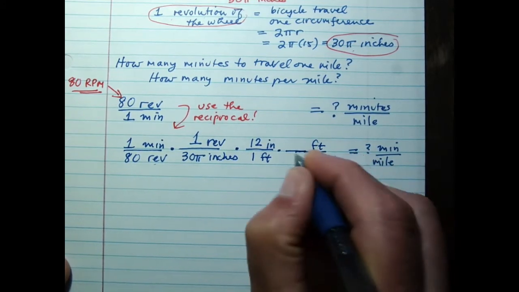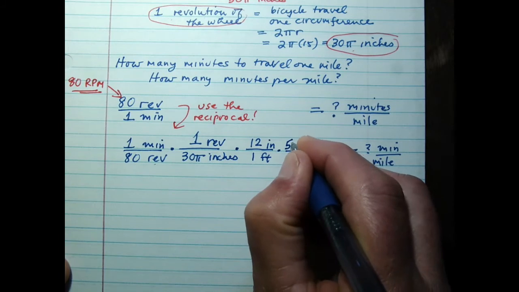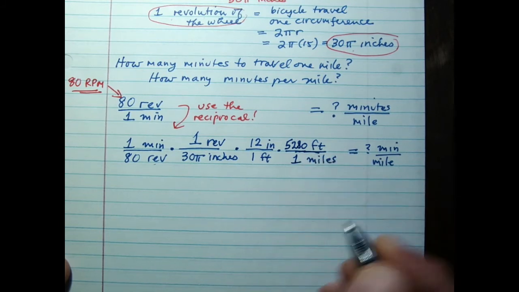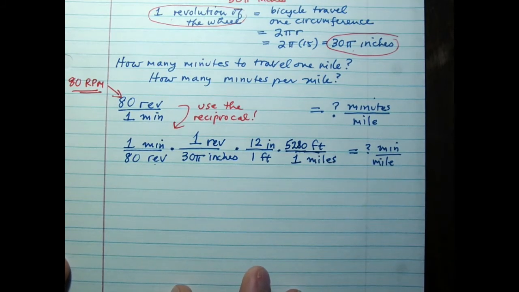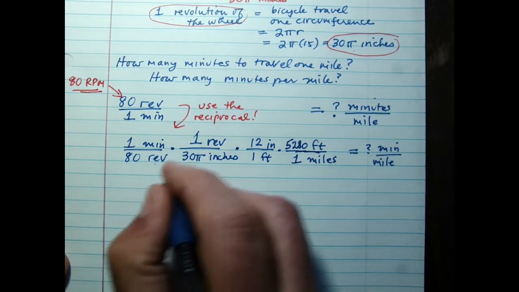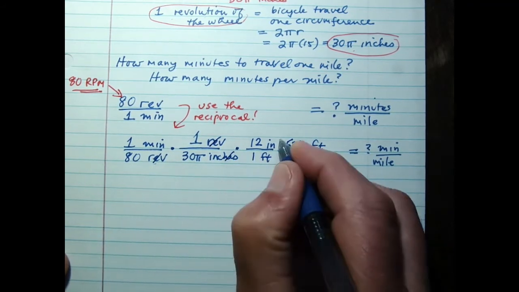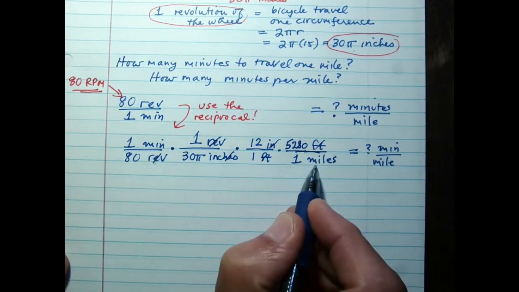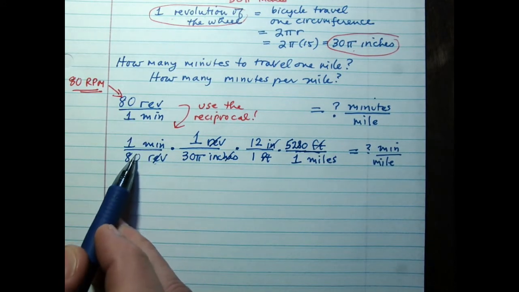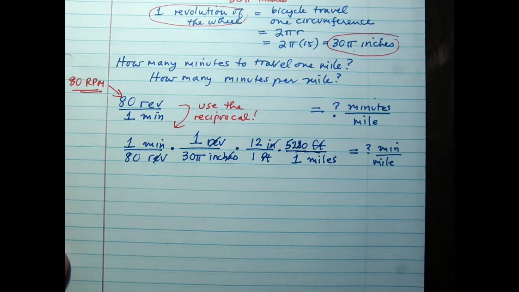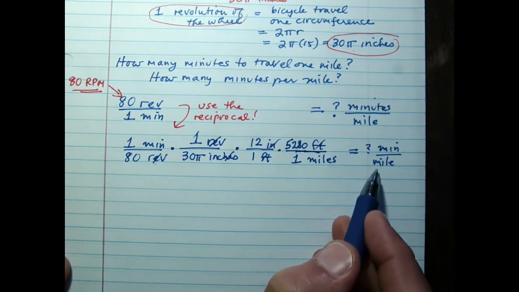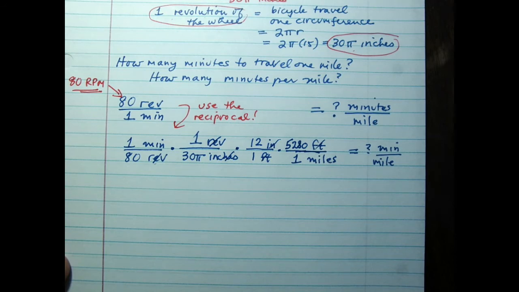You may have to look it up, and it's fine if you do: 5,280 feet equals 1 mile. That's a very ancient kind of relationship. And so what I end up with is revolutions canceling, inches canceling, feet canceling. I get minutes per mile. And notice this little tricky step where I used the reciprocal of 80 revolutions per 1 minute. It's still the same information, but it allows me to get minutes in the numerator at the end.